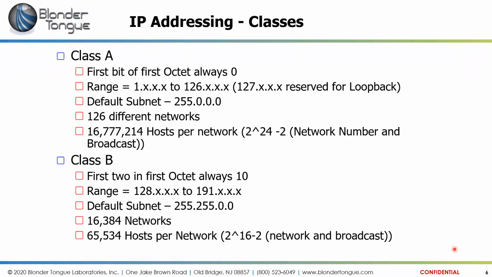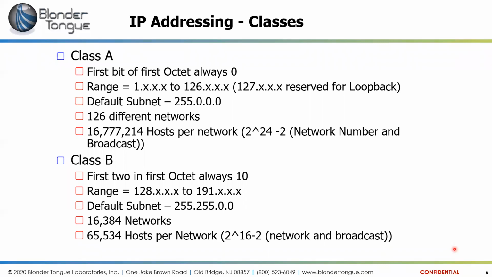For a Class B address, the first 2 bits in the first octet are always going to be a 1 and then a 0. So that gives us the range of 128.x.x.x through 191.x.x.x. That gives us the default subnet of 255.255.0.0.